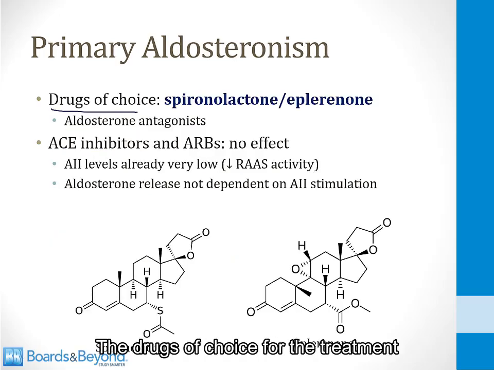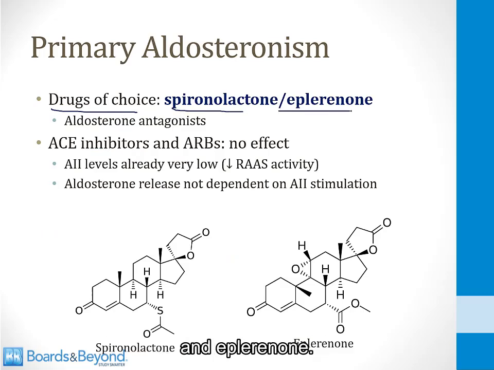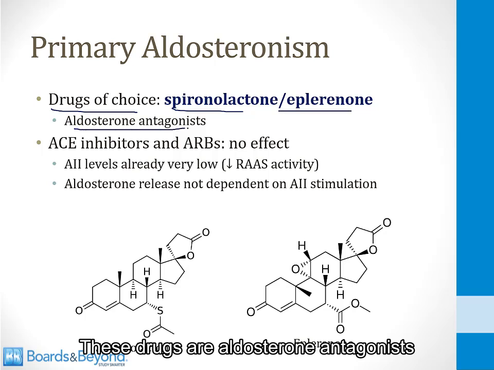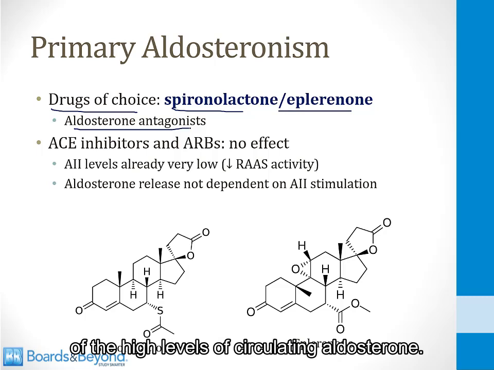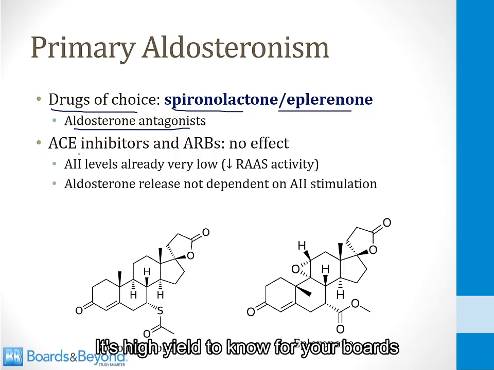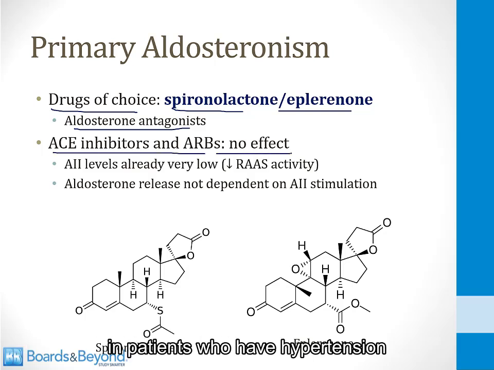The drugs of choice for the treatment of primary aldosteronism are spironolactone and eplerenone. These drugs are aldosterone antagonists that will block the effects of the high levels of circulating aldosterone. It's high yield to know for your boards that ACE inhibitors and ARBs are going to have no effect in patients who have hypertension from primary aldosteronism.